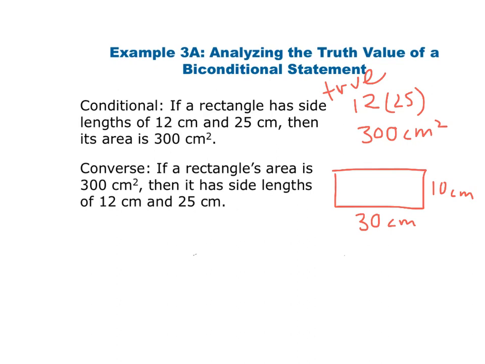And if we multiply 30 and 10, we would get 300 centimeters squared. So a rectangle's area being 300 centimeters squared doesn't mean that it has side lengths of 12 and 25. So this would be false. And this would be our counterexample: a rectangle with a length of 30 and a width of 10.